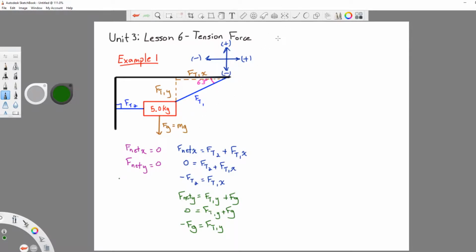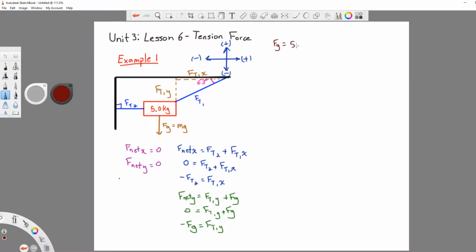So let's solve force of gravity. What color do we do this one in? Red maybe. So let's say Ft1y is equal to force of gravity. Actually, no, I don't want to start that way. That's ugly. Let's just find force of gravity. Force of gravity is equal to mass times gravity.